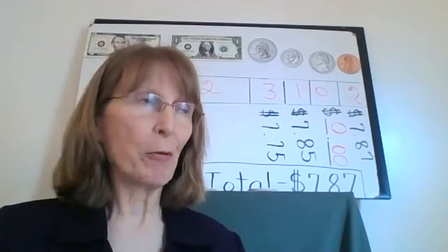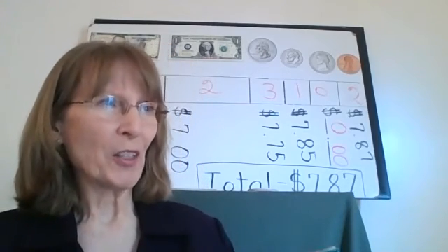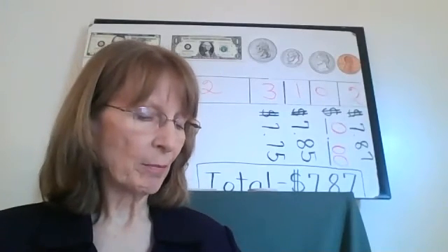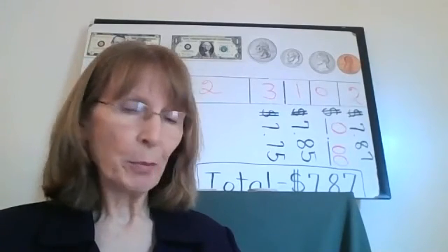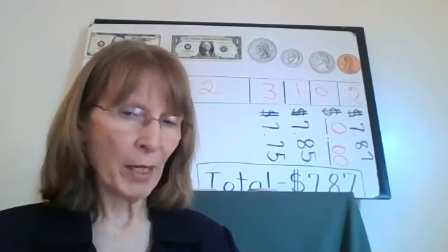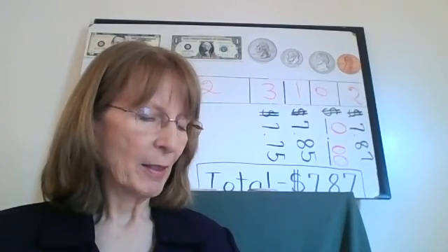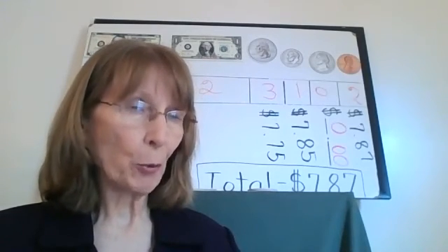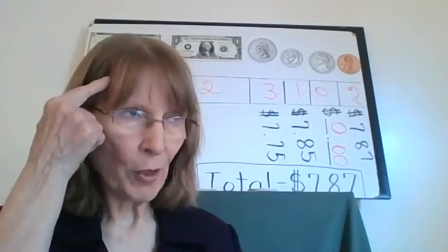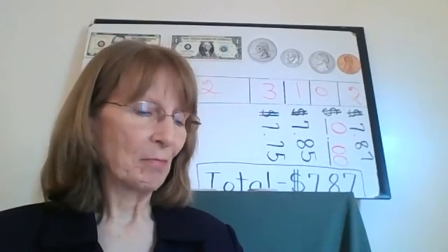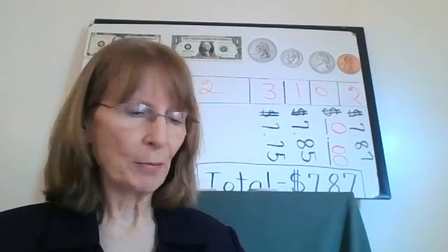Okay, now we have 3 numbers in this combination. We're on E. 7 plus 3 minus 5. 7 plus 3, okay, get your number, minus 5. Then write your answer.